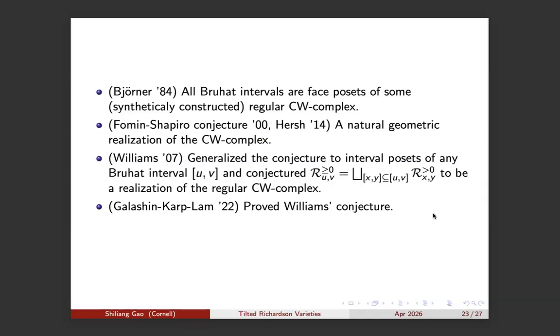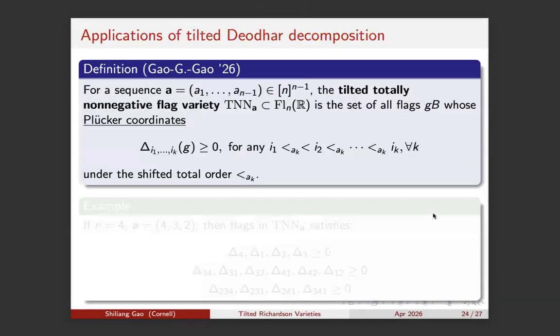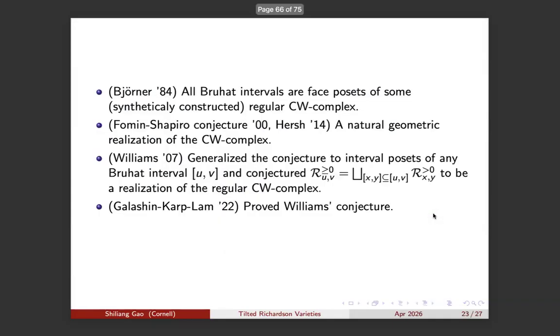Why not try to generalize one more? Now we have all these rotations going on, so it doesn't quite make sense to intersect a tilted Richardson with just the totally non-negative part of the flag variety.